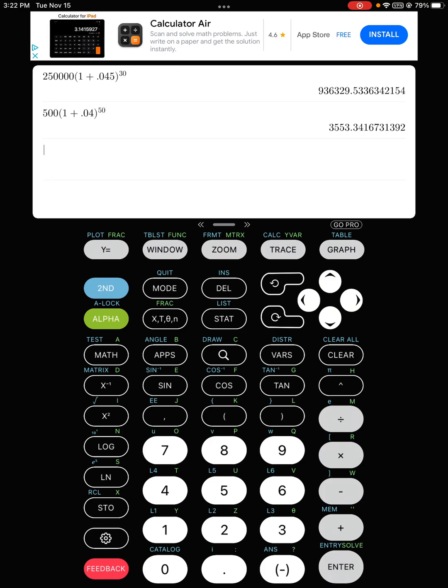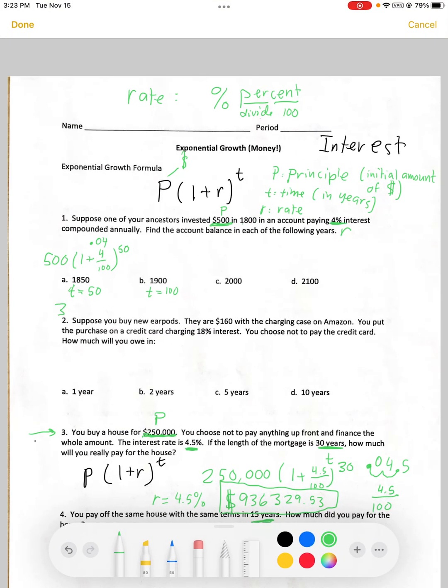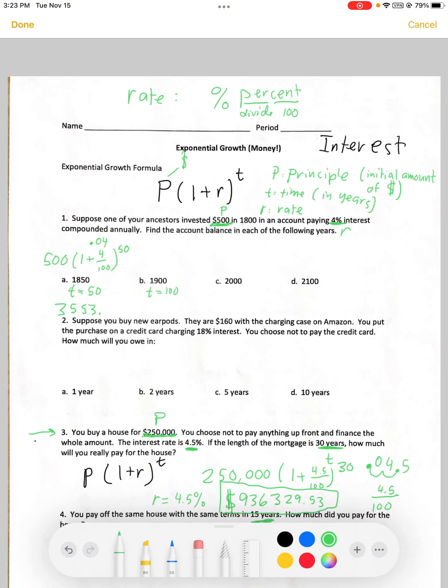So that means we'll have $3,553.34. Be careful with your rounding, but I'm not going to be too picky about that last number. We're going to use similar formulas for the rest of them.